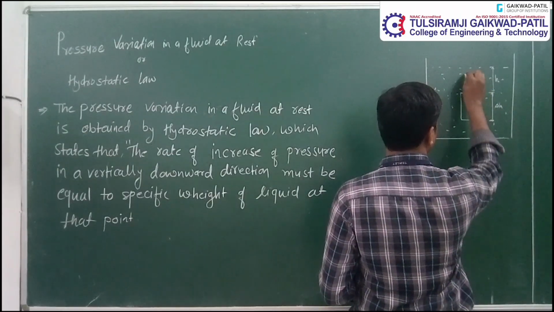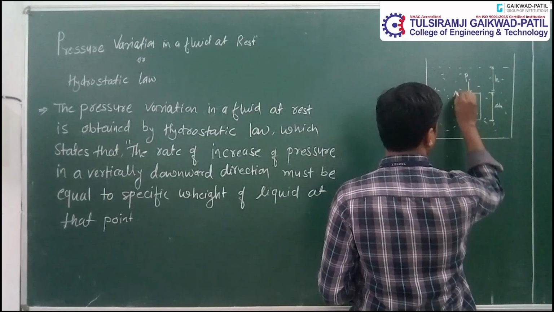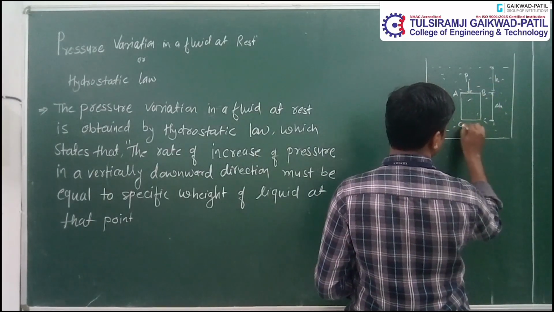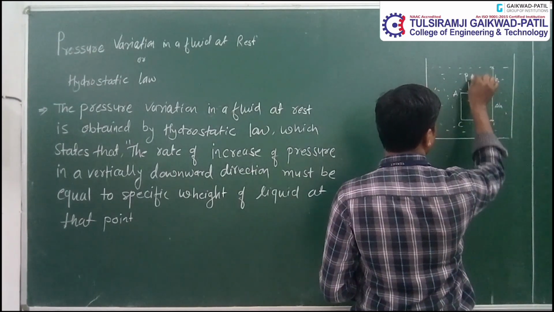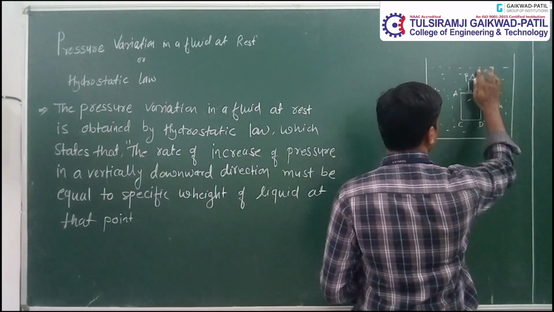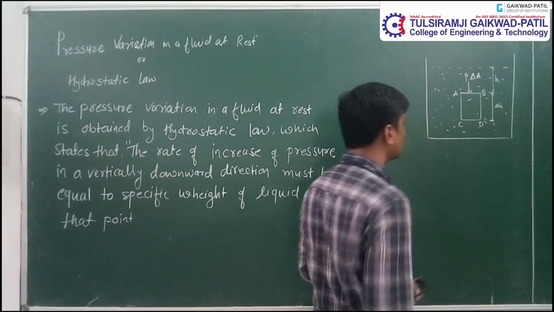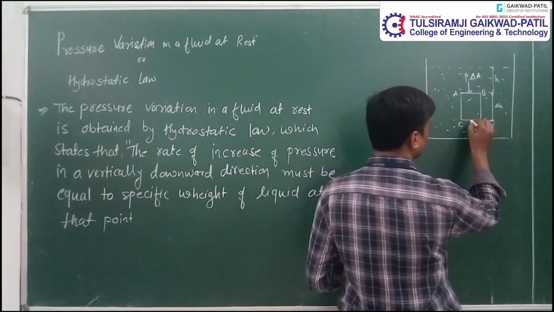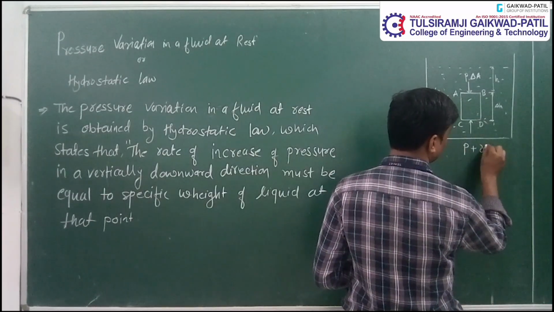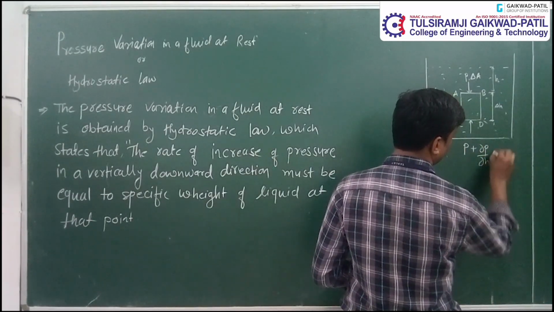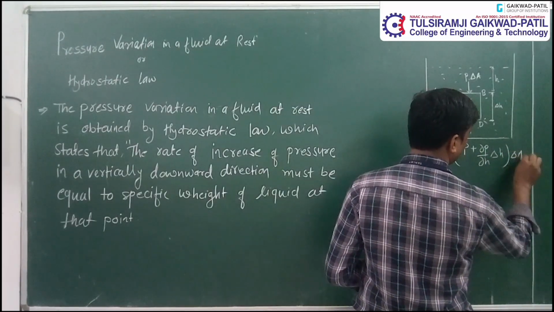This is the pressure which is acting on the face AB, with the face CD, ABCD, and this is the small area. The small area delta A is the small cross-section area of the fluid element, and this is the pressure which is acting in the downward direction. This is delta H, and this is delta A.